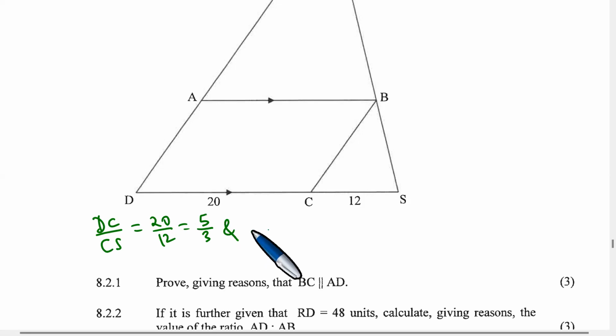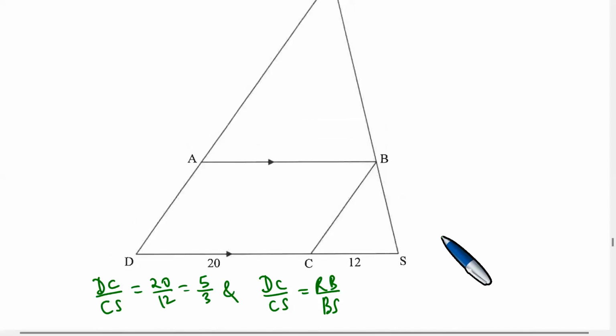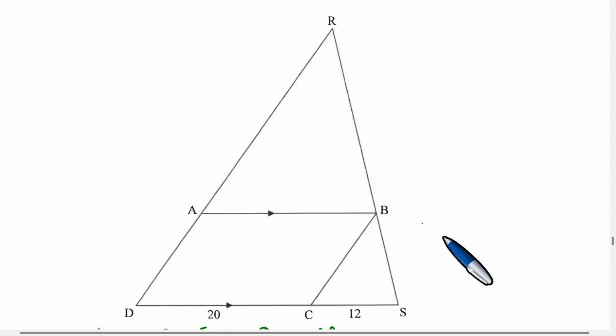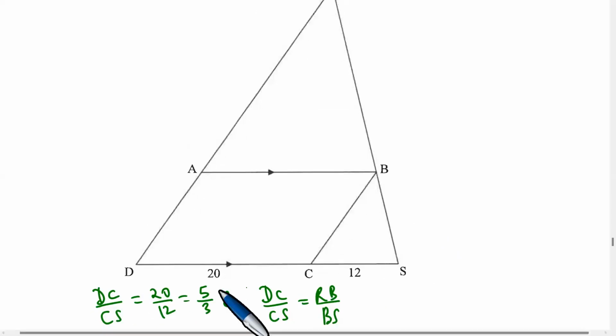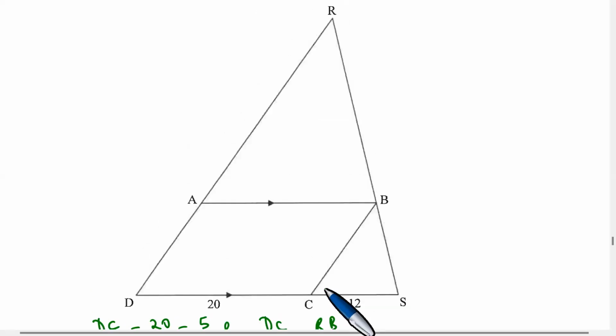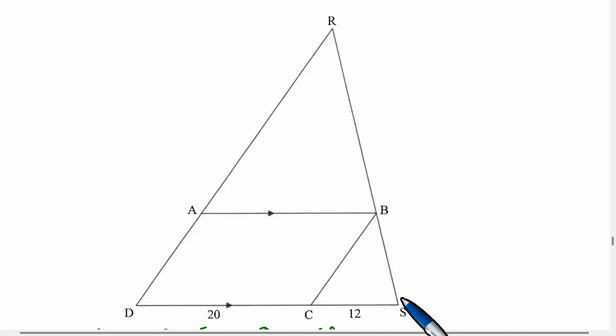And you also have the ratio of DC to CS is equal to RB to BS.